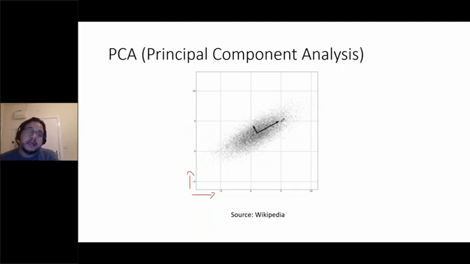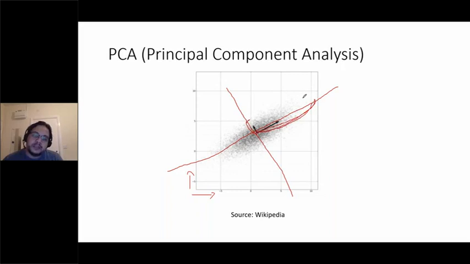So the value of each point will now be represented through these new axes, which means the amount of information in this one will be very small, and this one will be very big. When we project, for example, this point here, it will go here and here. It's like a reference transformation.